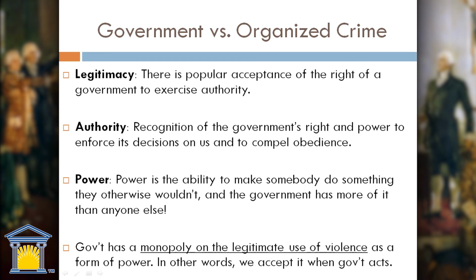Now, this is also sometimes called the legitimate use of coercion, the legitimate use of force. It doesn't matter. At the end of the day, the government has a widespread recognition of its right to use physical force, coercion, or violence to make people obey, right?